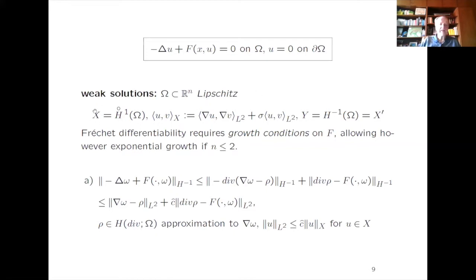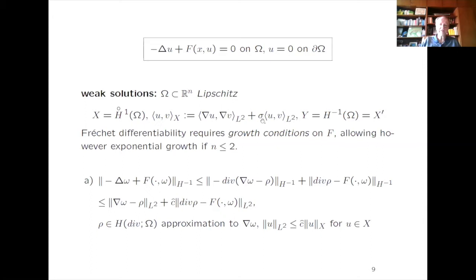Then our space X in the abstract setting is now the space H^1_0 of omega, so weakly differentiable functions with weak derivative in L2 and vanishing on the boundary. Here's the inner product on this space X: the gradient of u inner product with the gradient of v, plus some parameter sigma, which is positive or at least non-negative, times the L2 product.